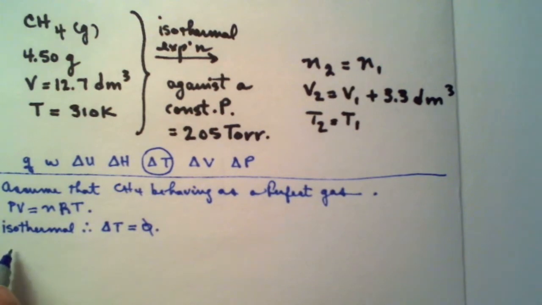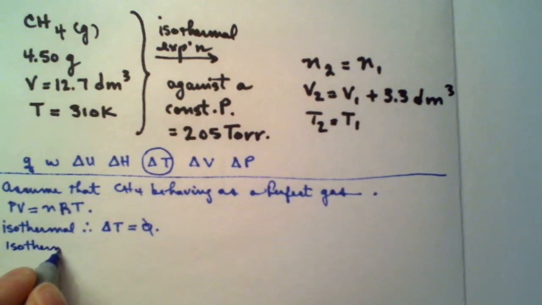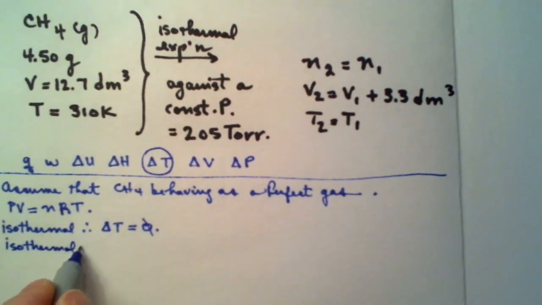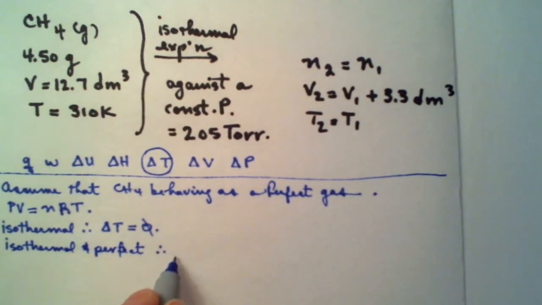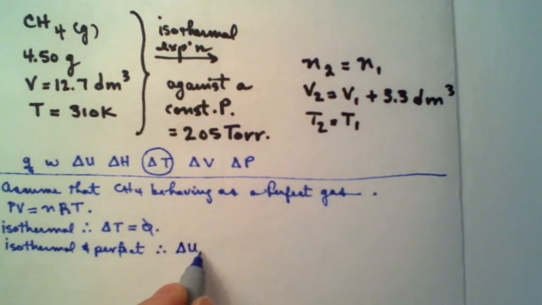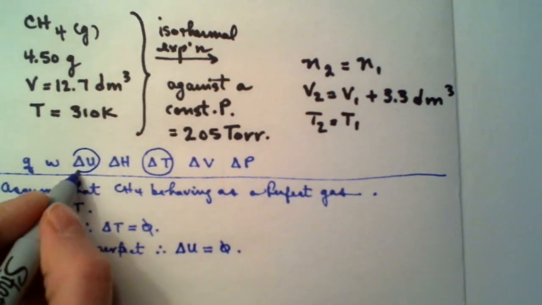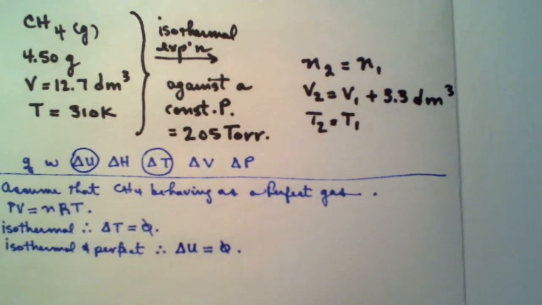And we know that when a perfect gas undergoes an isothermal change, we can say therefore that the internal energy change is nil. It's equal to 0. Okay, so now we have that one taken care of.